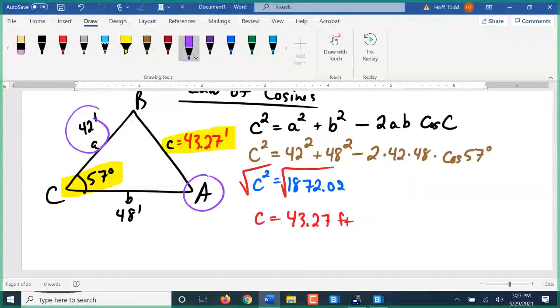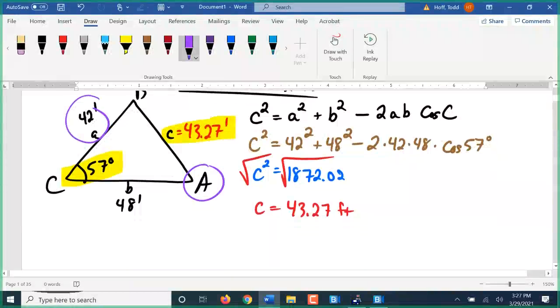Now we don't know if it's obtuse or not. It's really kind of close, isn't it? We don't know from the picture, so to play it safe, we always want to use the shorter side and find the angle opposite that shorter side, because we know that one has to be acute, because you can't have two obtuse angles. So we will set this up.